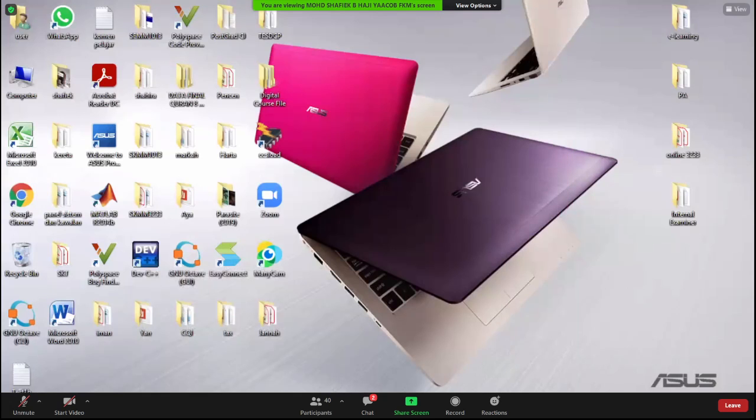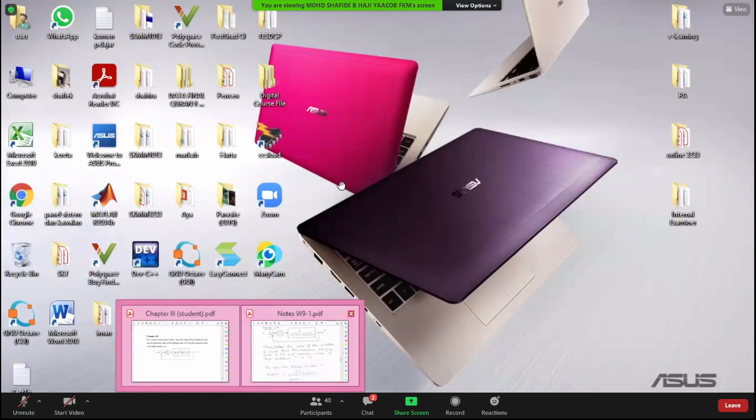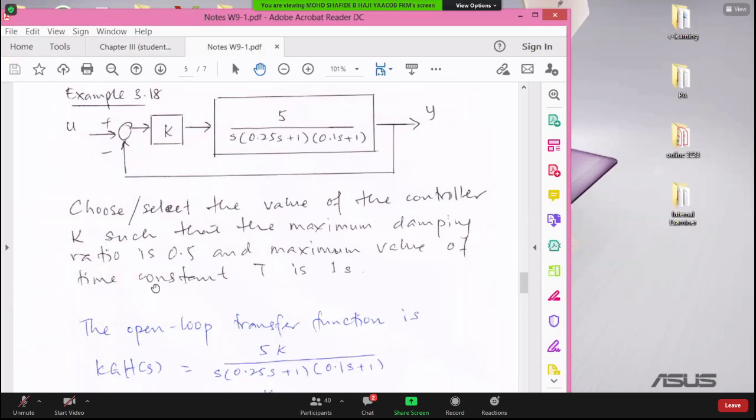All right, so let's go to my notes. So this is the correct question. Select or choose the value of controller gain k so that it will meet the specification. You are given the specification: time constant must be less than 1 second, and the damping ratio must be less than 0.5.